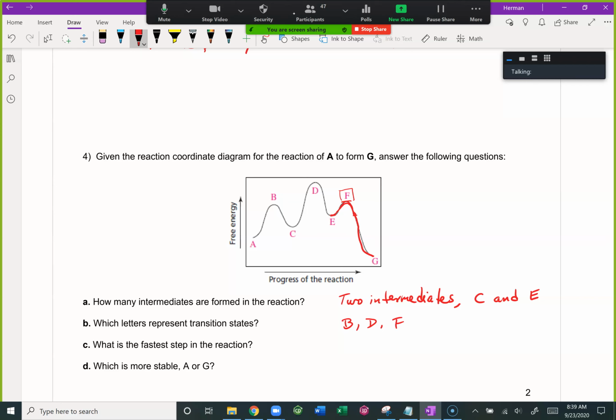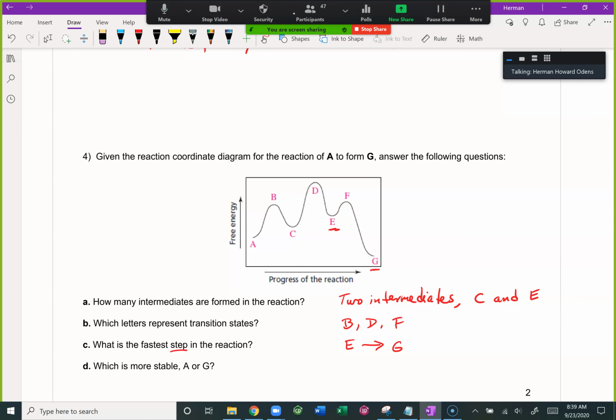So notice that it's a step. A step is represented by the action of reactants to products. So we have that the answer for this is E to G. Is the fastest step in the reaction. This whole thing here is one step.